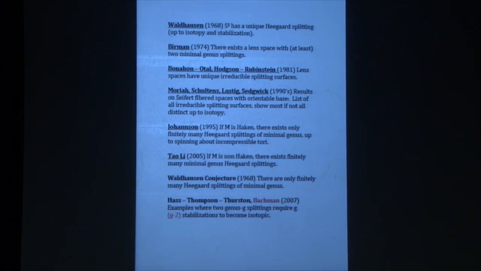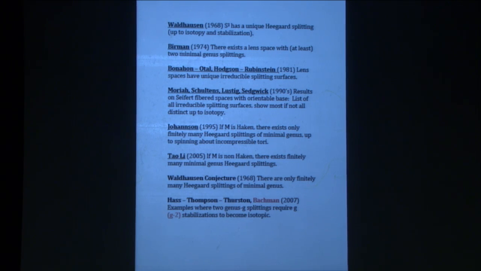then look at the splittings of minimal genus, that is, look at the minimal g such that it has a Heegaard splitting of genus g, and then look at all possible splittings of that genus. Then there are only finitely many, at least up to spinning about a torus.